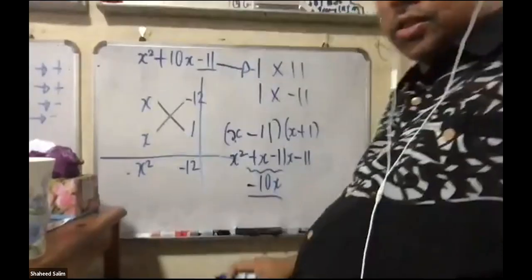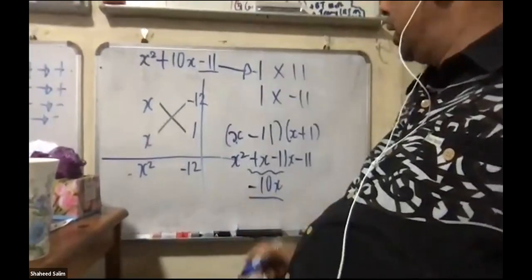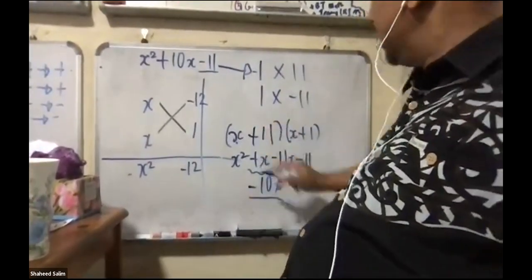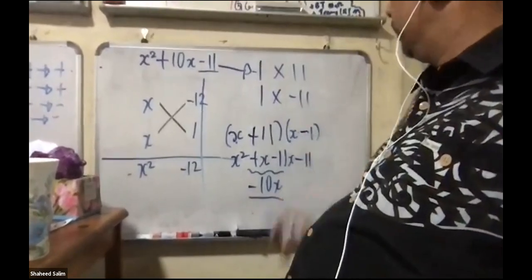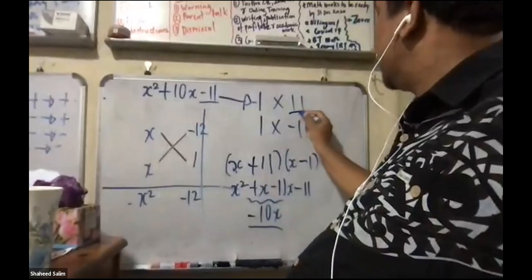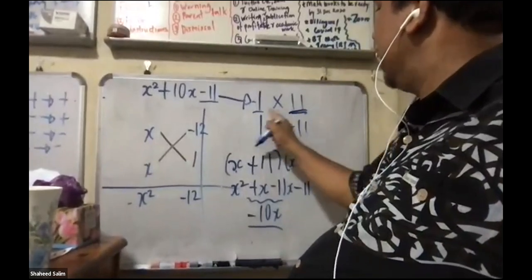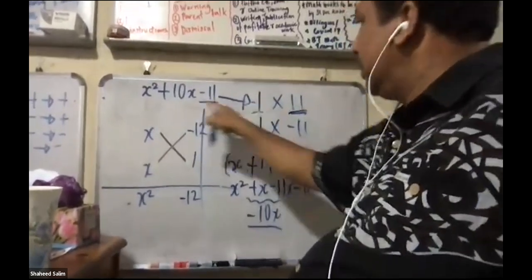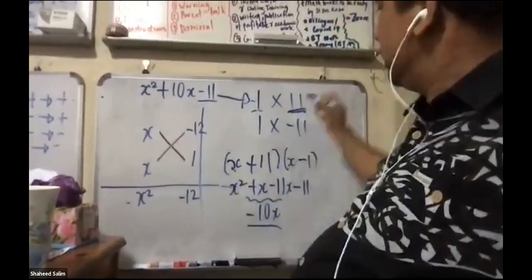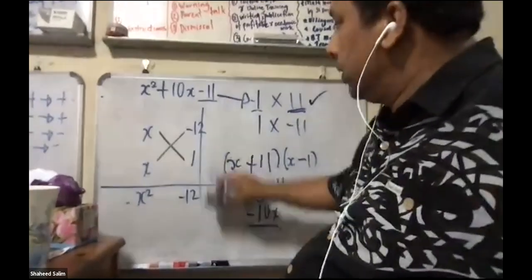This is minus $10. So this is not the other way. Plus 11 minus 1, so how to know? Look at this. This is positive 11 minus 1, 10. This is the one. You got 10.